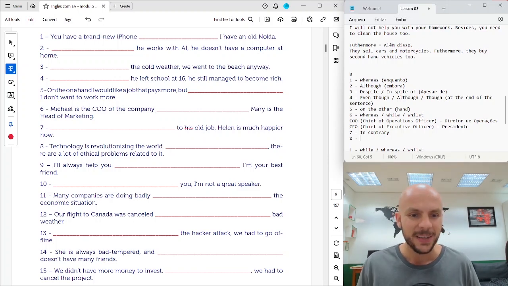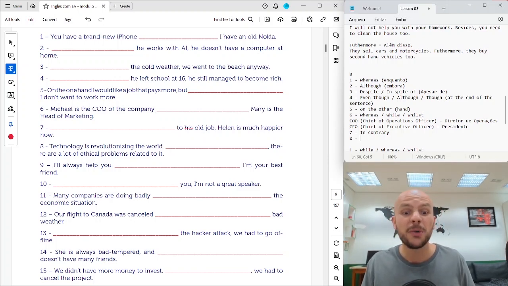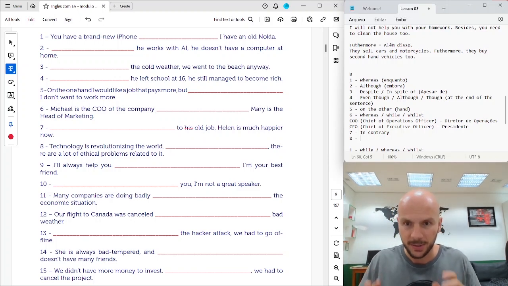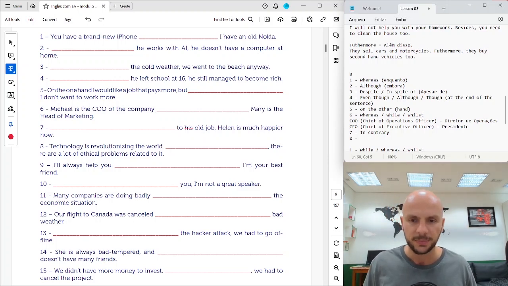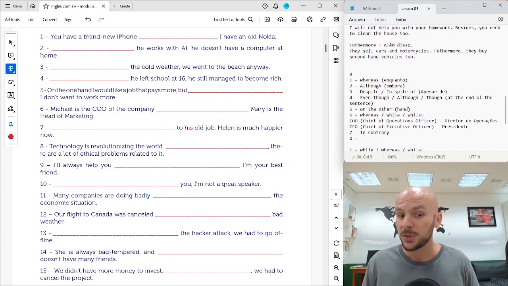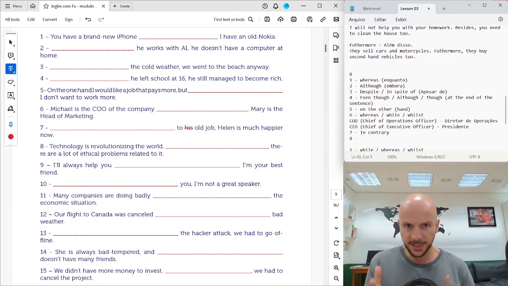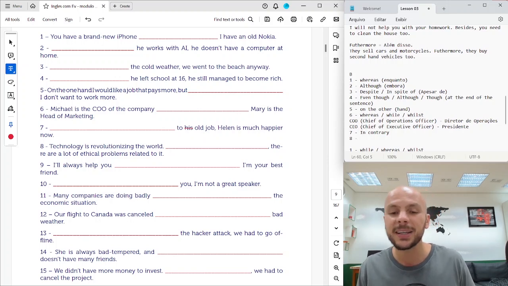Number 8. Technology is revolutionizing the world. There are a lot of ethical problems related to it. So here we have opposite ideas. I think here we can use entretanto, porém, contudo, todavia.